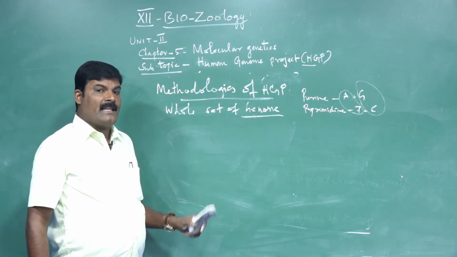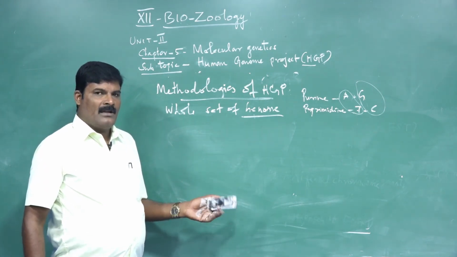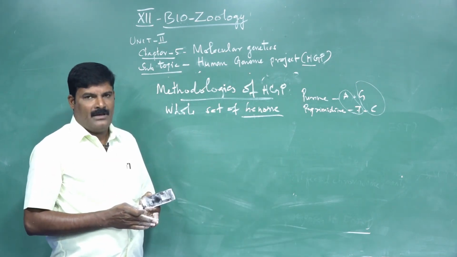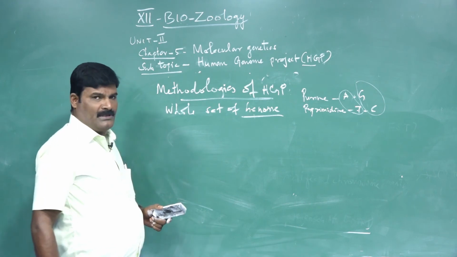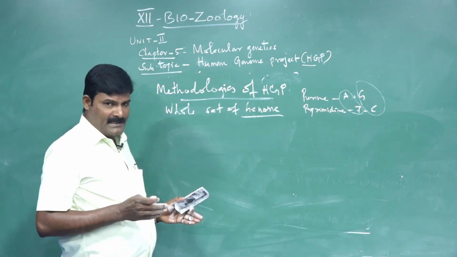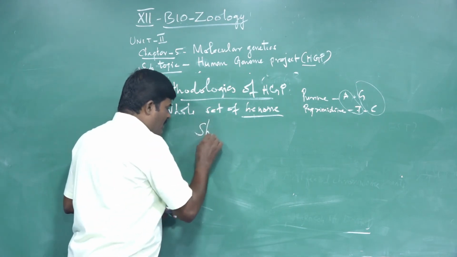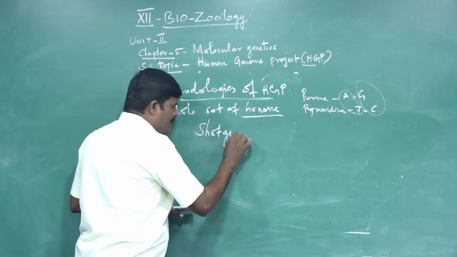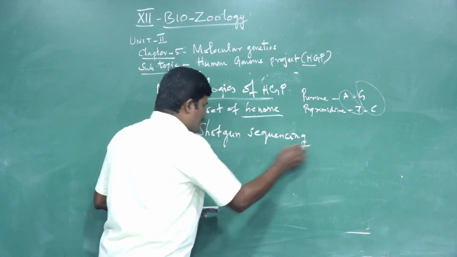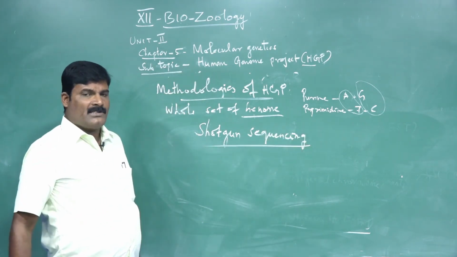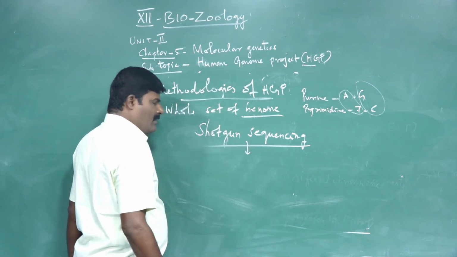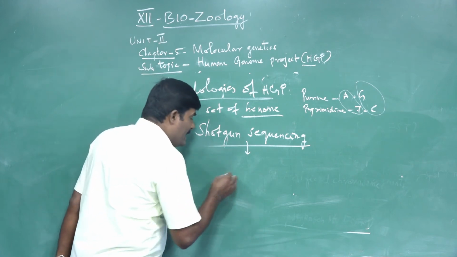Nowadays, with the latest method, the total length of the genome is also identified. The total length of the genome may be longer; it is not cut into small fragments. This method is called shotgun sequencing. What is shotgun sequencing? To identify the longer DNA sequence.